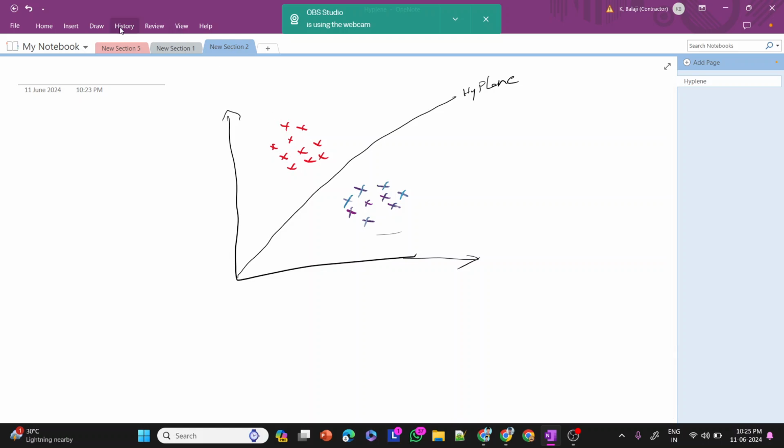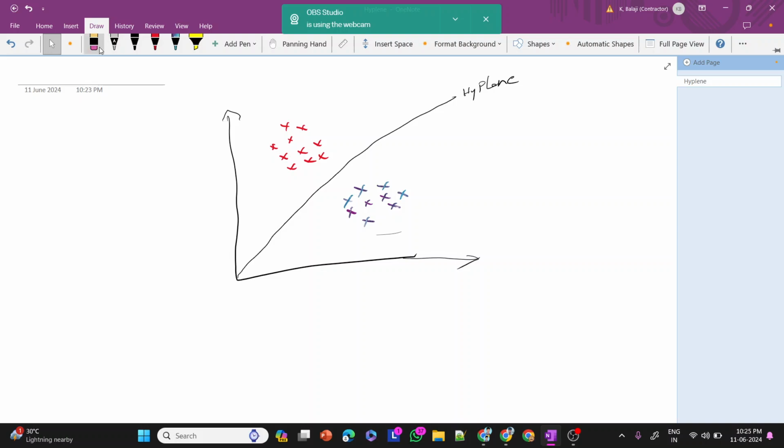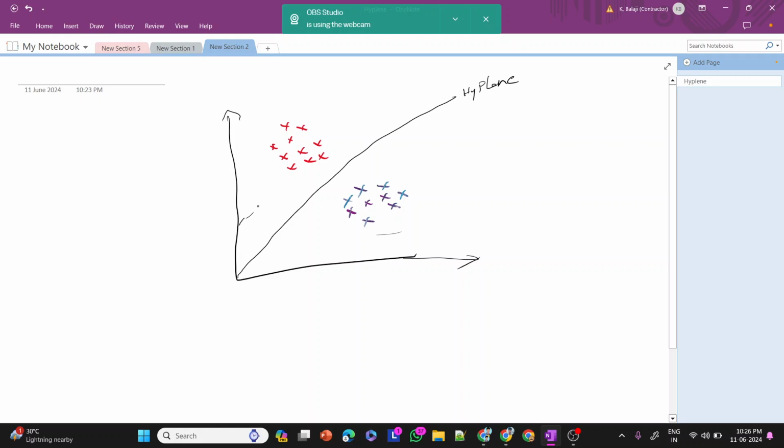And we need to find another two lines that are parallel to this hyperplane. The two lines will touch the nearest point of each group. We can see here, this is the hyperplane.